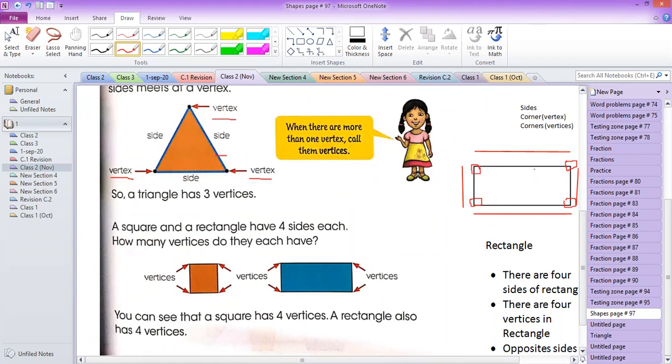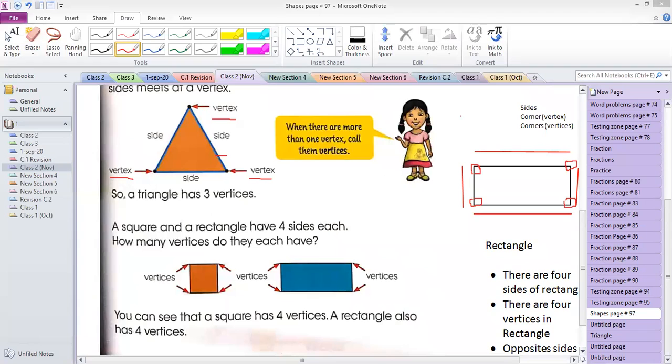How many vertices are there? 4. How many vertices are there? 4. 1, 2, 3, and 4. Right? There are 4 vertices in rectangle. Vertices means corners. Thank you.